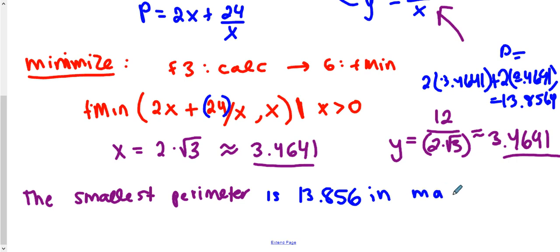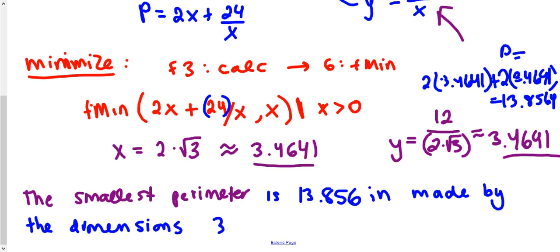Made by the dimensions 3.464 inches by 3.464 inches. Or you can say made by a height of 3.464 and a width of 3.464.